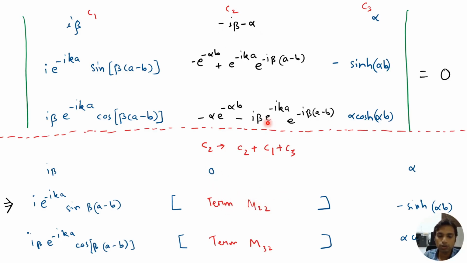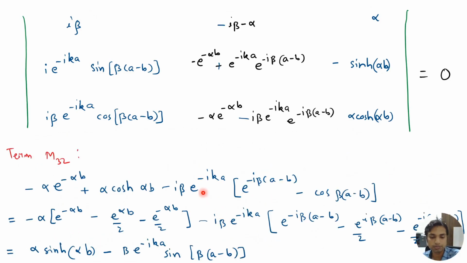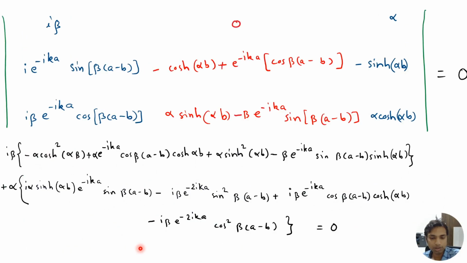We will calculate what is the term we will get for this and for this, so terms M22 and M32. That I have also evaluated. So we will get these two terms, and when you put that in, you will get this particular matrix. And when you expand this matrix, you will get this big expression.